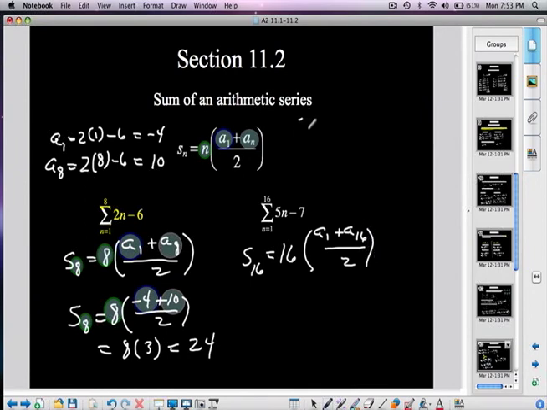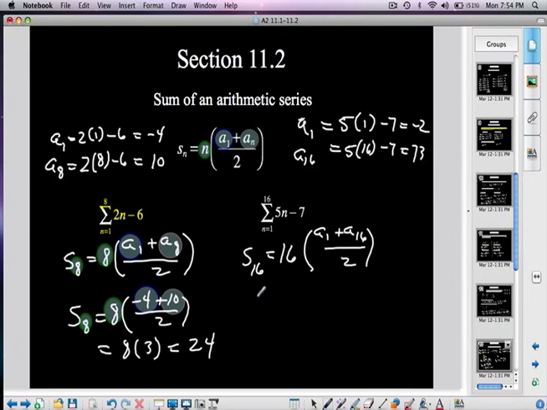So a sub 1 would be equal to 5 times 1 minus 7. That's equal to negative 2. And a sub 16 is going to be 5 times 16 minus 7. So this is going to be 80 minus 7, which is 73.